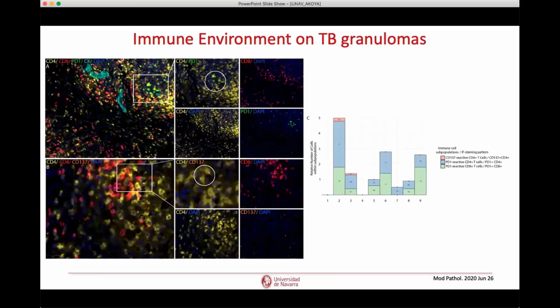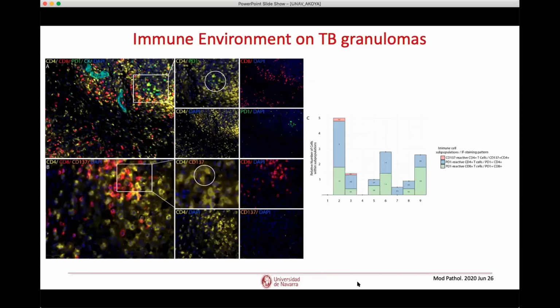destroy the infected cells. Another way that we used the Vectra Polaris platform was to characterize whether some of these cells are reactive, yes or no. Some of the T cells are reactive, yes or no. For that, we used the PD-1 staining and the CD137 staining to characterize whether there are reactive T cells inside the granuloma.